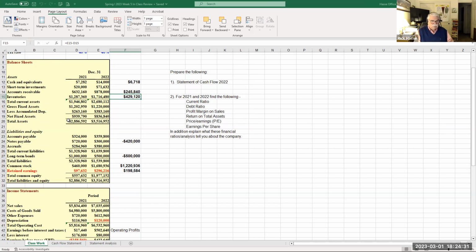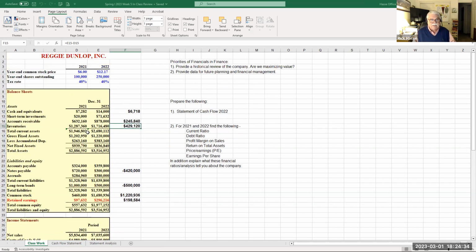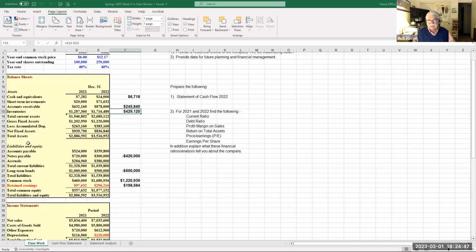On December 31st, 2022, this company, Reggie Dunlop Incorporated, had $3.5 million of assets. This is a classified balance sheet where it breaks down current assets and long-term assets. At the same time, this company on December 31st, 2022 had $1.5 million of liabilities made up of current liabilities, short-term liabilities that have to be paid within the next year, and long-term liabilities, in this case, bonds.